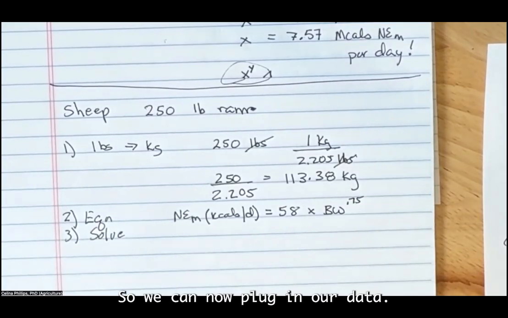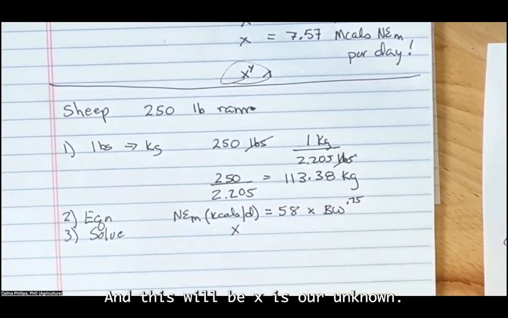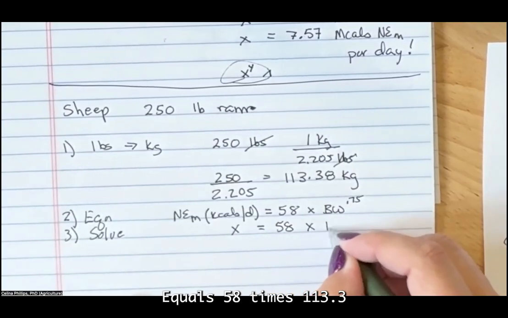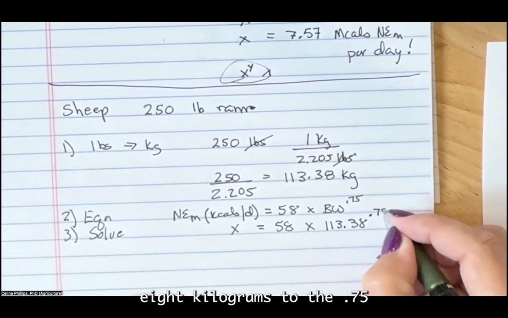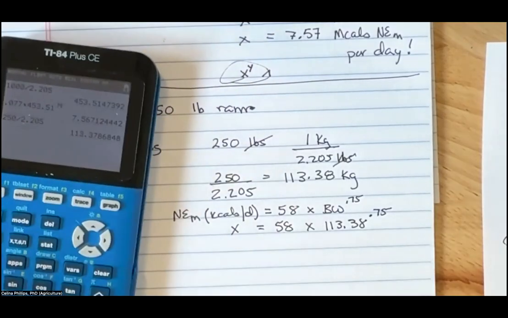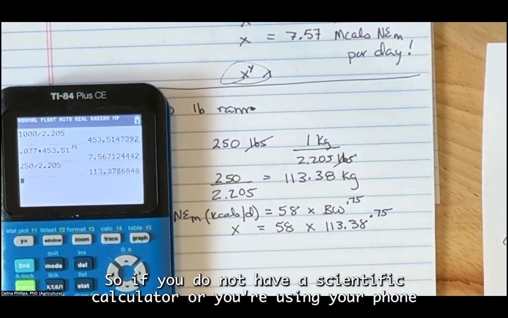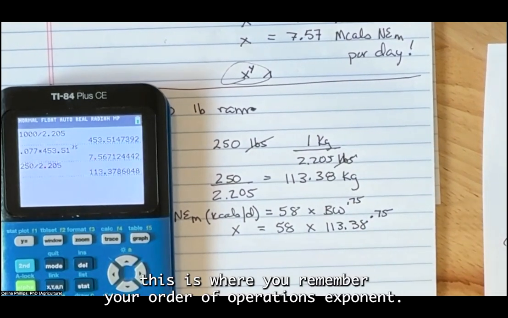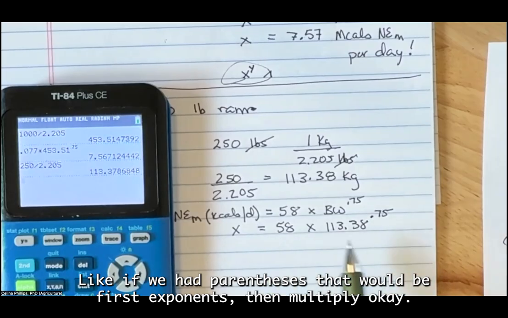So we can now plug in our data. X is our unknown, that's what we're solving for, equals 58 times 113.38 kilograms to the 0.75. Okay, so if you do not have a scientific calculator, or you're using your phone or something else where you can't see the whole equation at one time, this is where you'd remember your order of operations. Exponent, like if we had parentheses, that would be first, then exponents, then multiply.